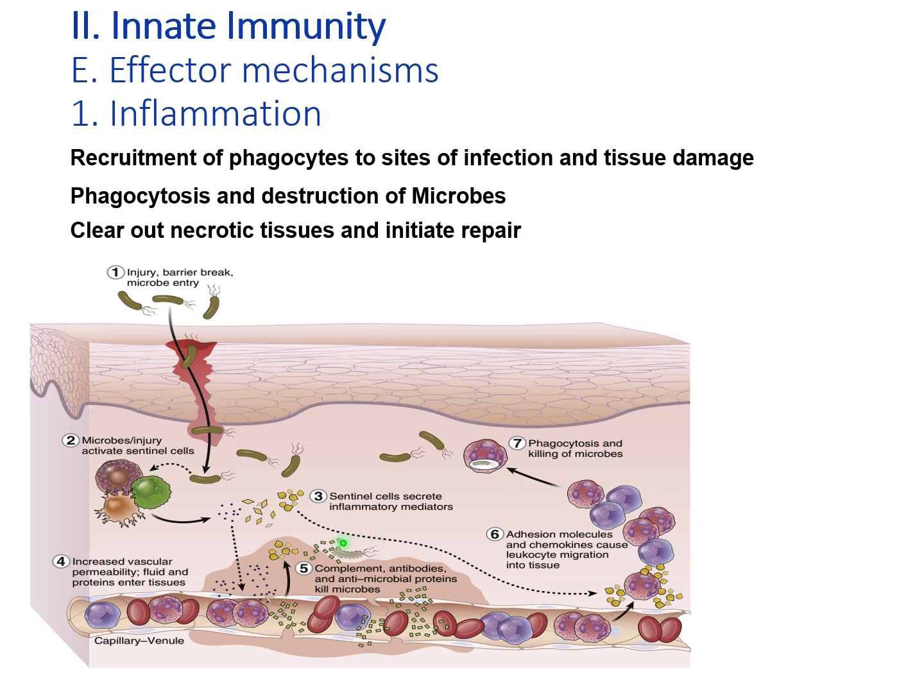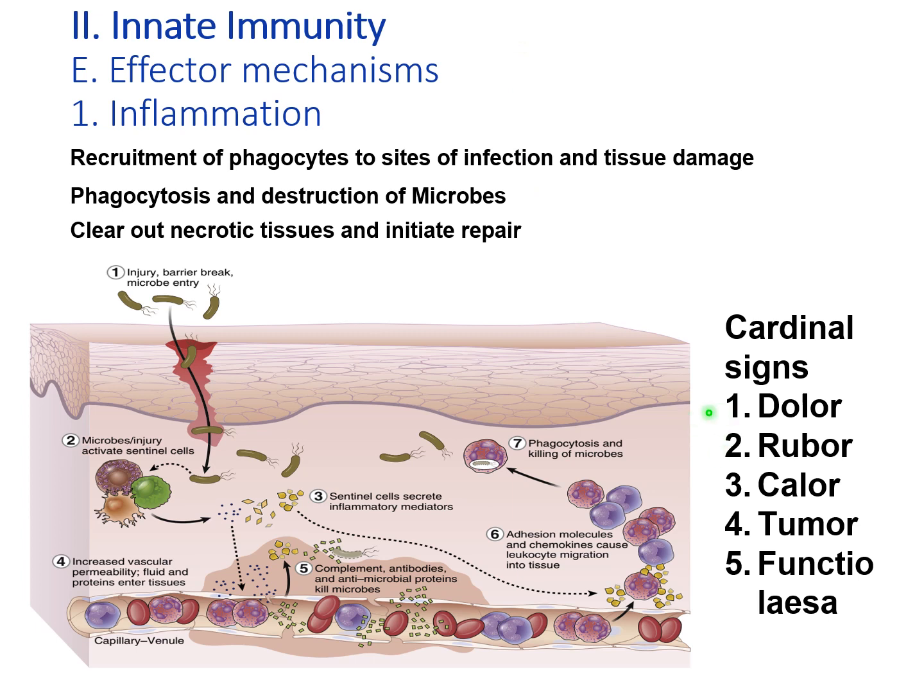There is recruitment of large numbers of neutrophils followed by monocytes from blood into the tissues. And the cytokines also increase expression of endothelial adhesion molecules that we will be presenting later on. The cardinal signs of inflammation are dolor, rubor, calor, tumor, and functio laesa.